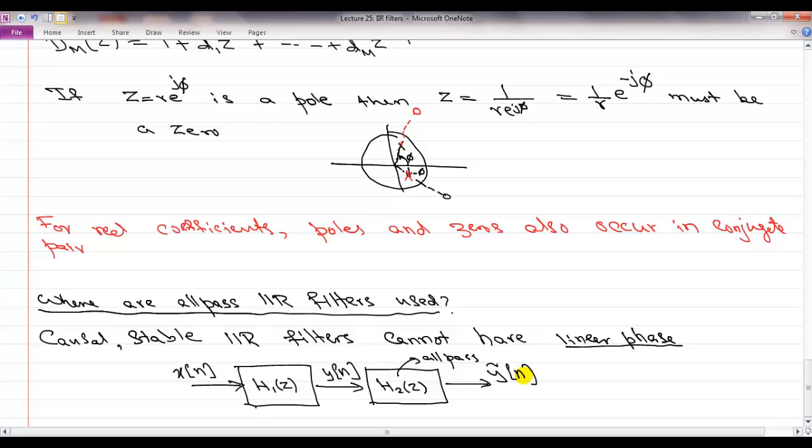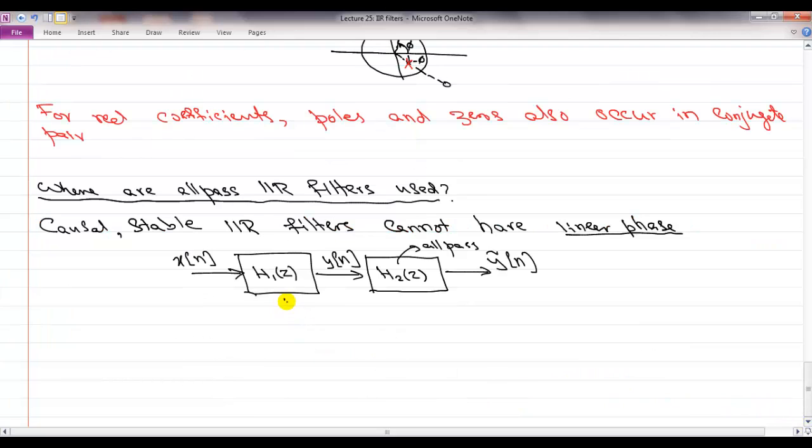So if your first filter had, for example, a group delay of this form, then you try to invert that by designing the group delay of this so that together their phases cancel out each other, and at the end of the day, their combination gives you simply a constant group delay. Okay.